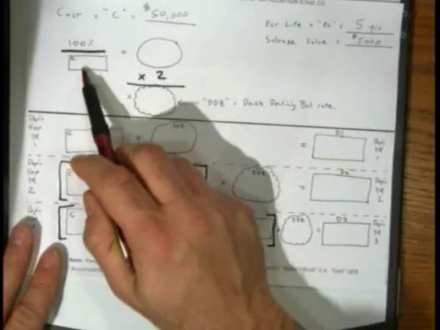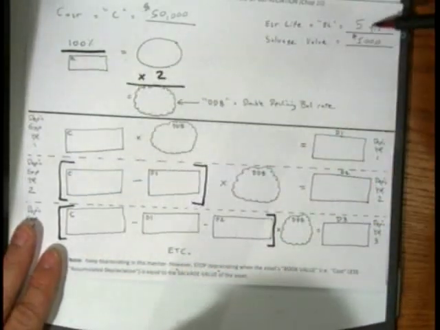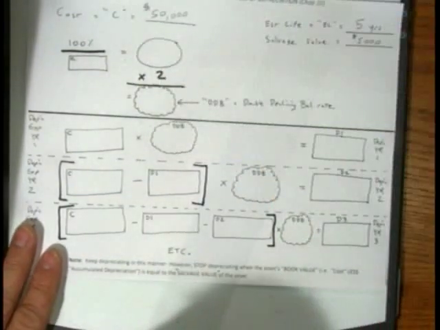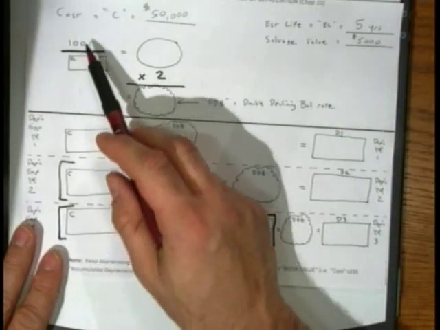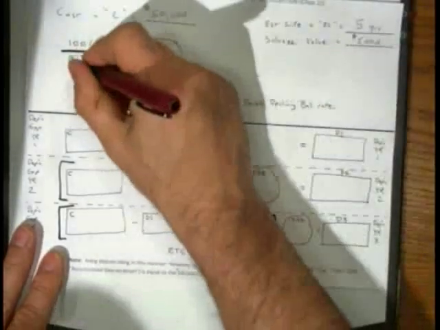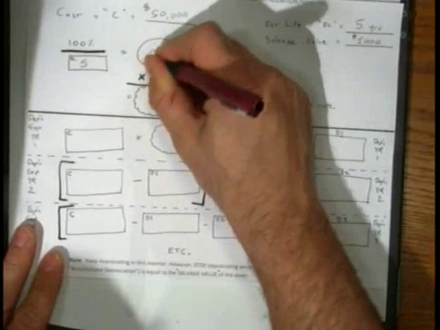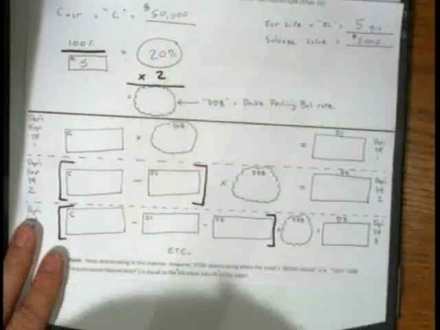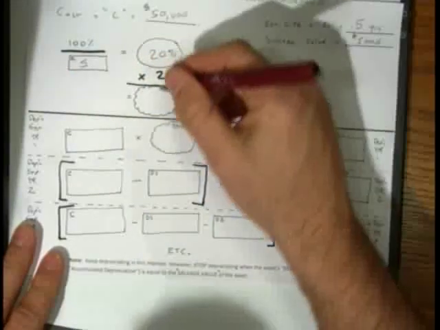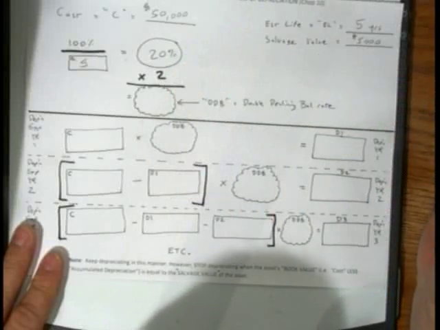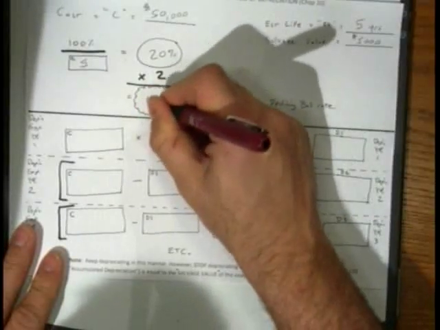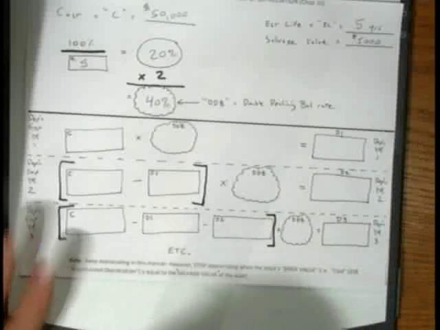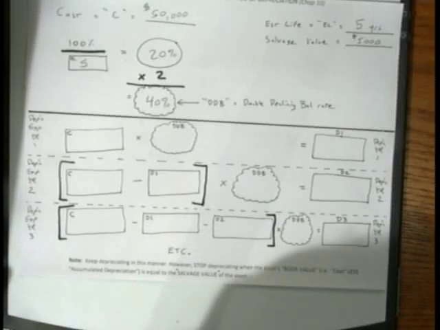So the estimated life, that's EL, and cost is C. The first thing we do is take 100% divided by the estimated life of 5 years, and that gives us our straight line rate of 20%. We take that times 2, since it's the double declining balance method, and we get 40%. That is our double declining balance rate. You with me?